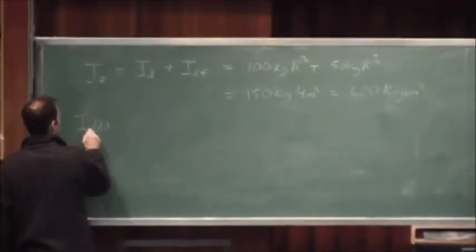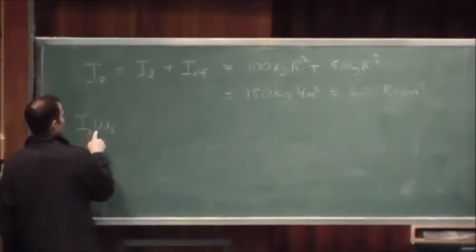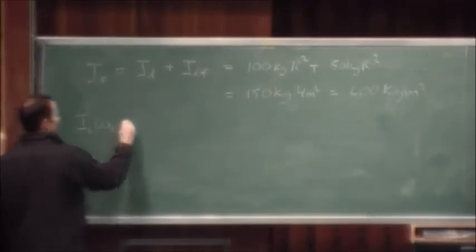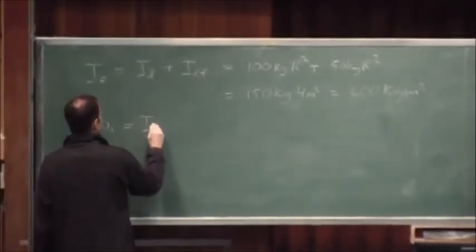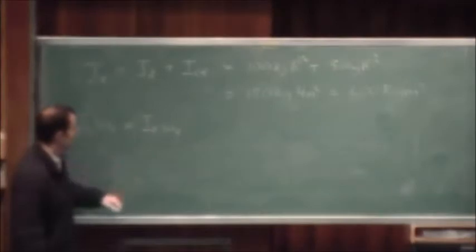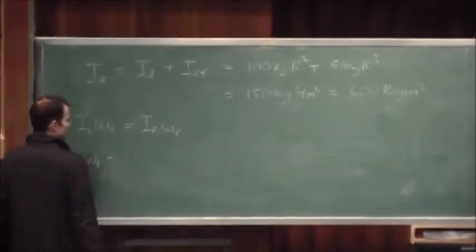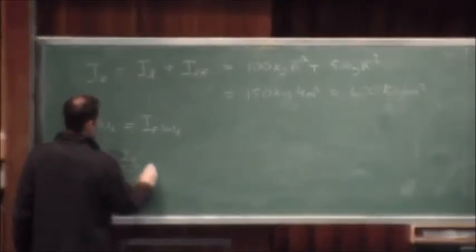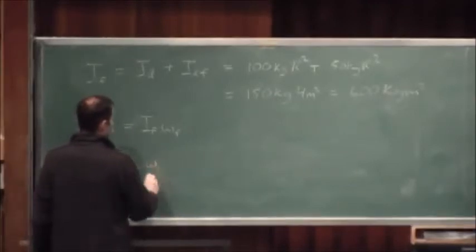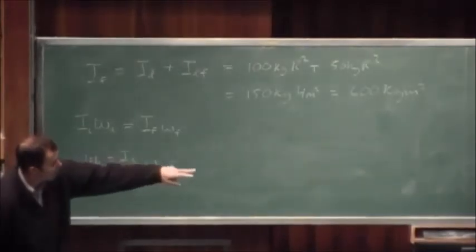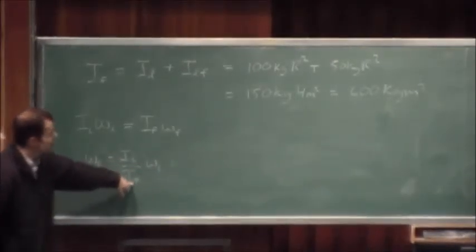Okay, so I, the moment of inertia initial times the angular velocity initial is equal to the moment of inertia final times the angular frequency final. So omega final is equal to the moment of inertia initial divided by the moment of inertia final times omega initial. So I initial is 2200 and I final is 600.